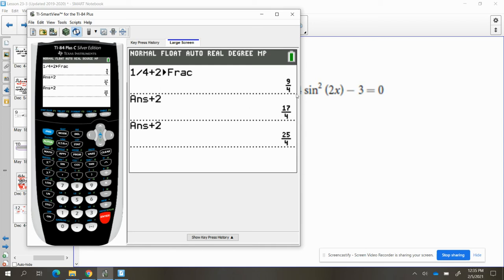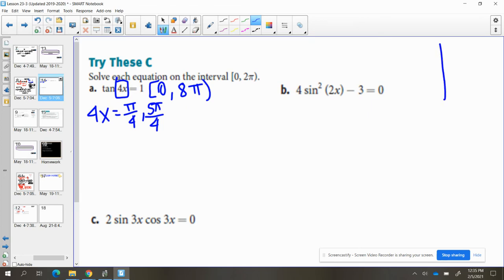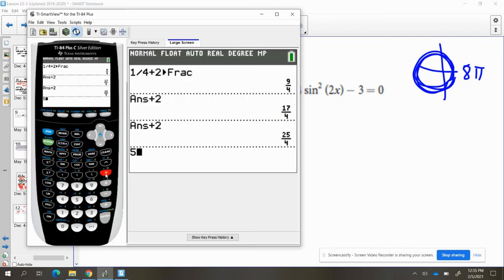Because this would be our coterminal value between 2 pi and 4 pi, 4 pi and 6 pi, and then 6 pi and 8 pi, right? We're continually running around this circle to get all those values all the way to 8 pi, okay? So we would have all those values. And then we also need the coterminal values for 5 pi over 4, right?